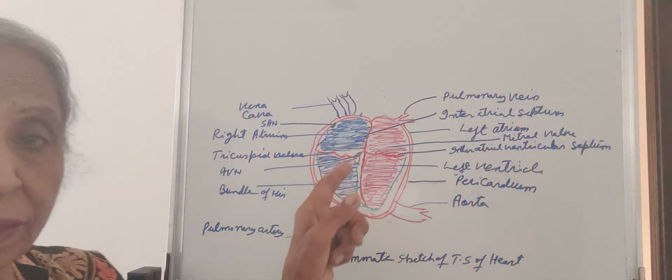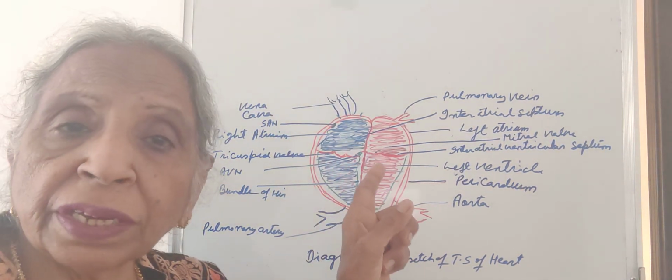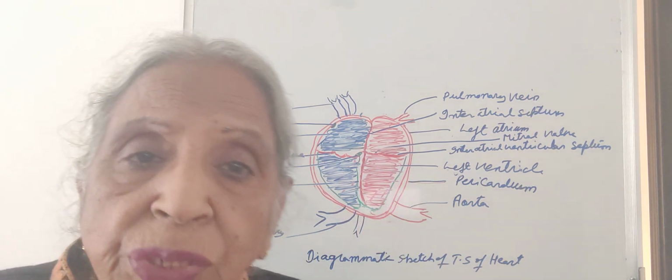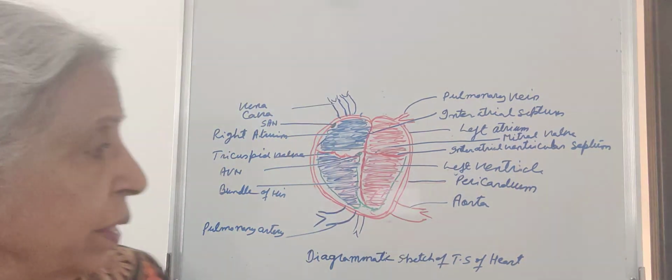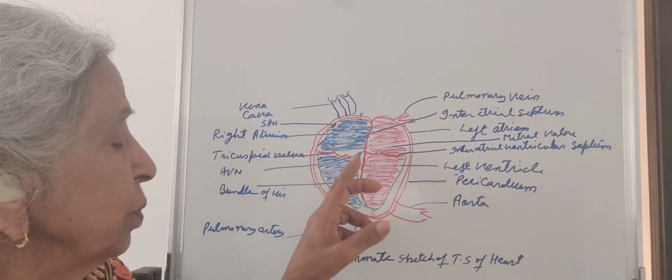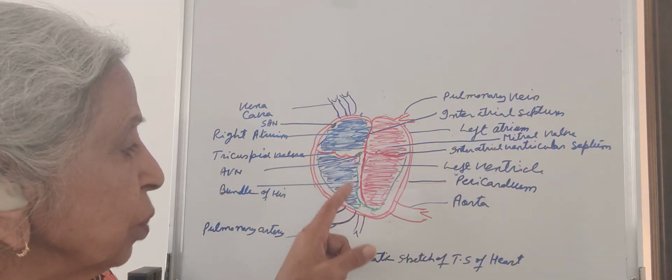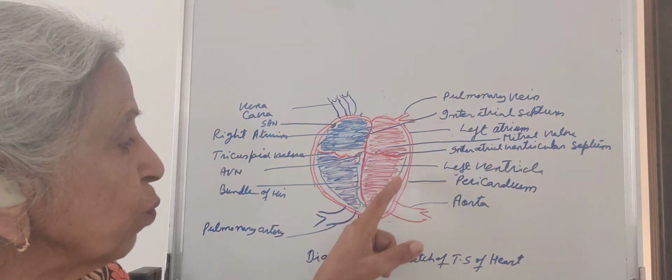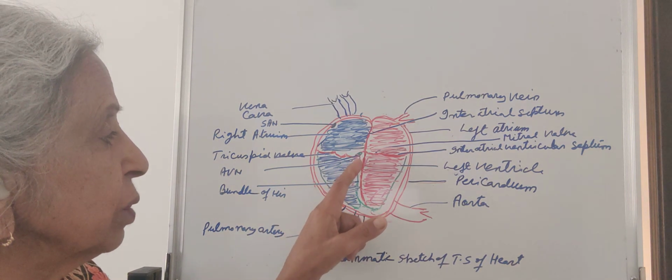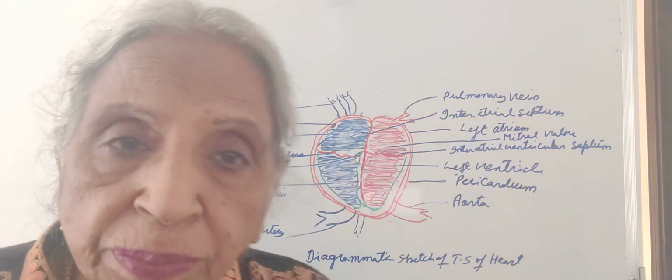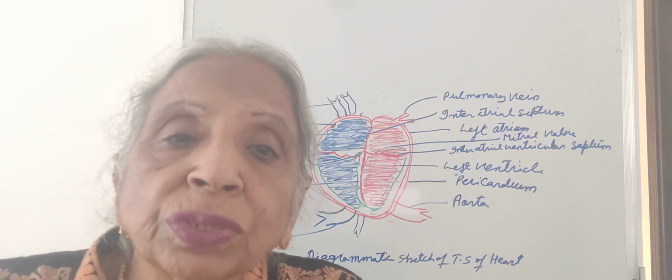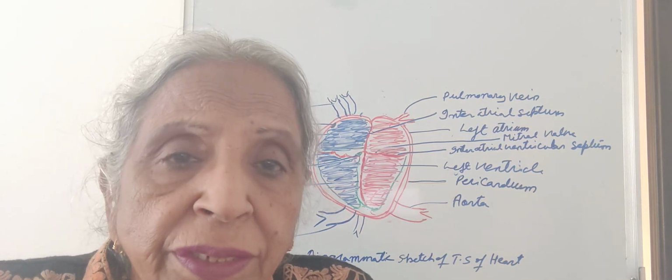From this AVN, through the atrioventricular band, another band of tissue arises which passes through the wall of the ventricle as well as through the interventricular septum. This band of tissue is called the bundle of His.